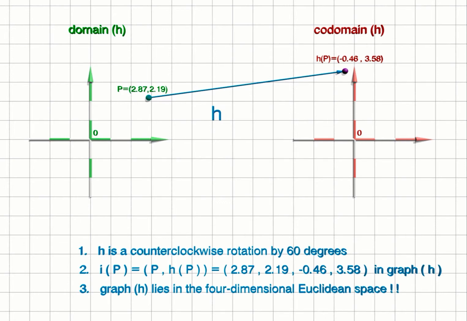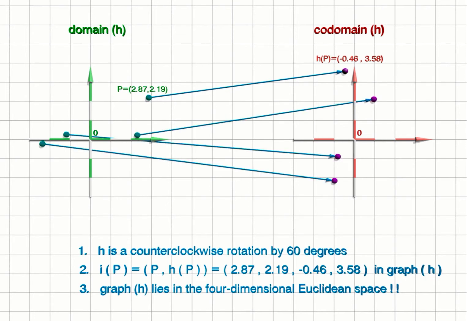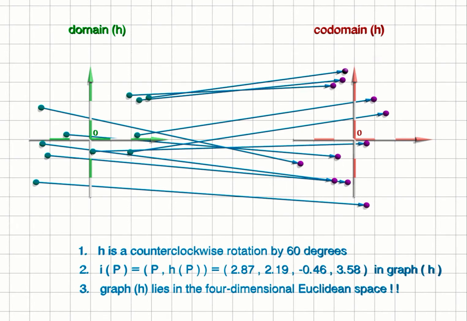We have to sort out some other way of seeing the action of h on elements of the domain. As done in the previous videos, we now draw the image of a few more points randomly picked from the domain. There are about 10 of them, I guess. Once again, we have points in the domain on the left, their images on the right, and arrows connecting them.